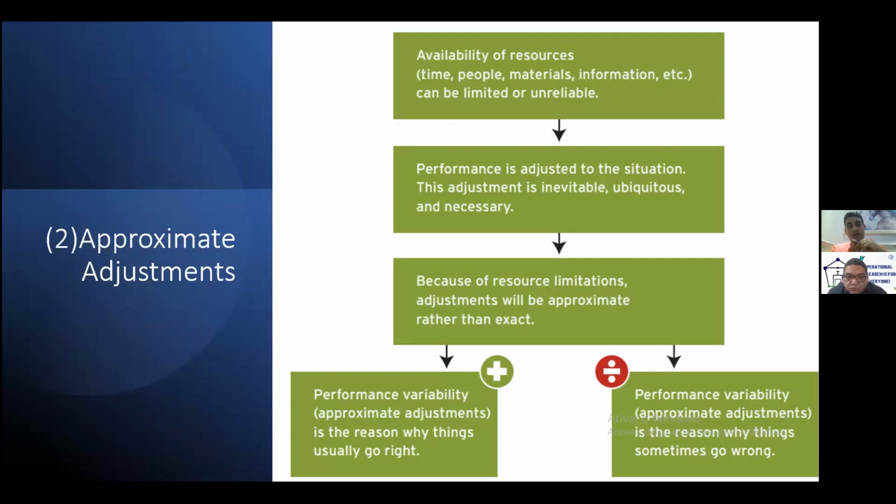We have availability of resources such as time, people, materials, and information that can be limited or unreliable. So performance is adjusted to the situation. This adjustment is inevitable, ubiquitous, and necessary. Because of resource limitations, adjustments will be approximate rather than exact.